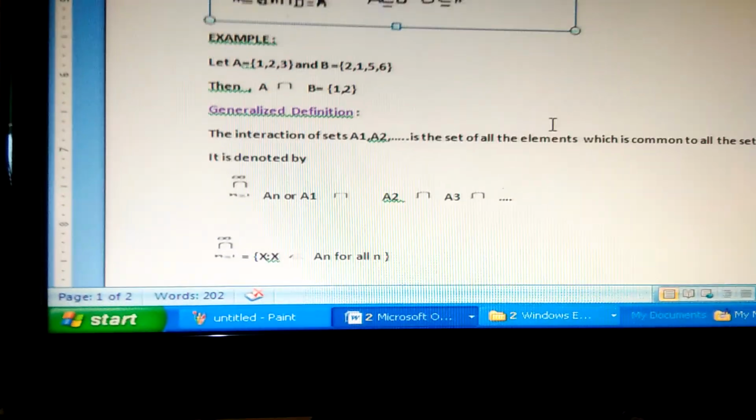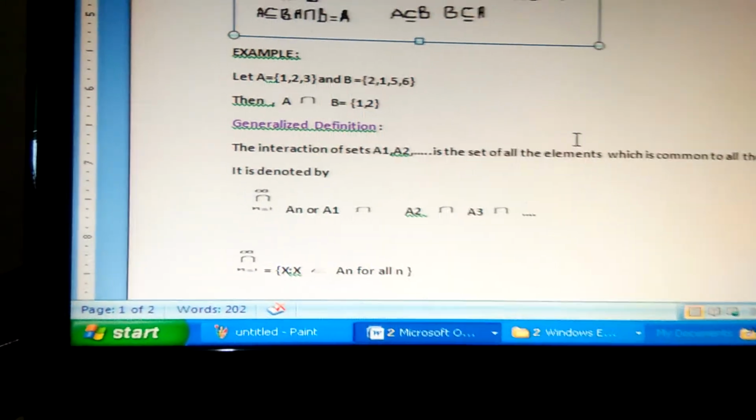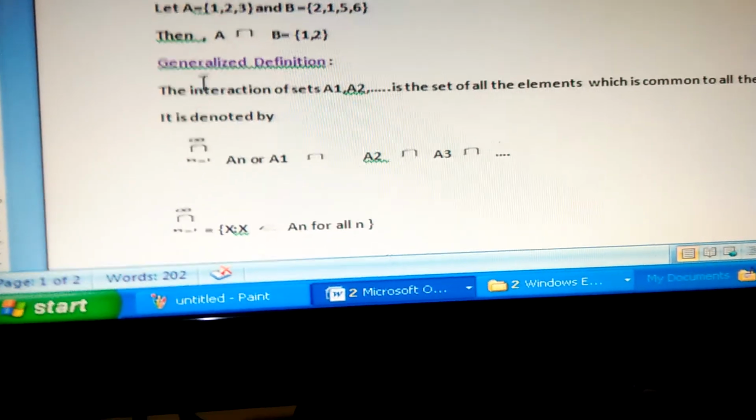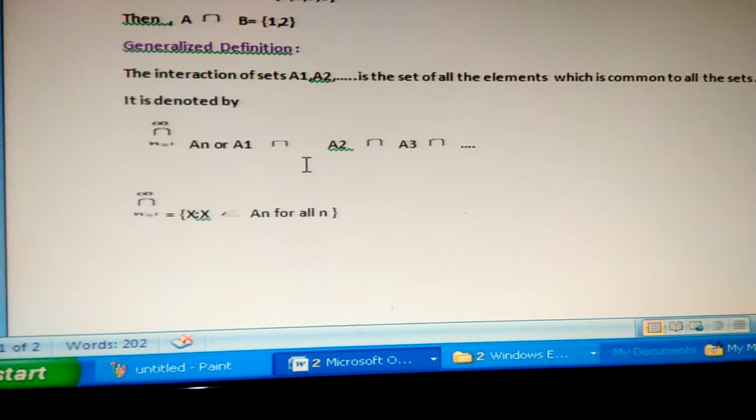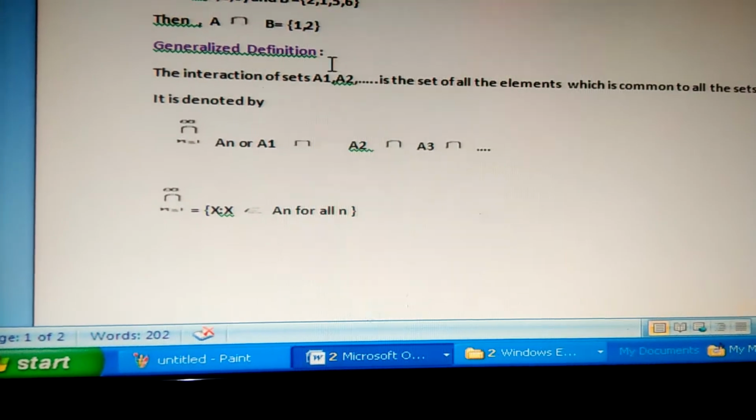So it will be clear, and we can arrive at the generalized definition.